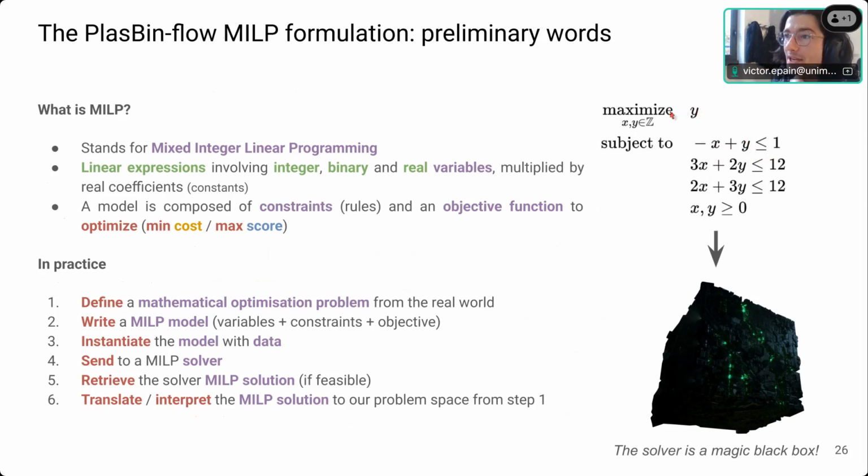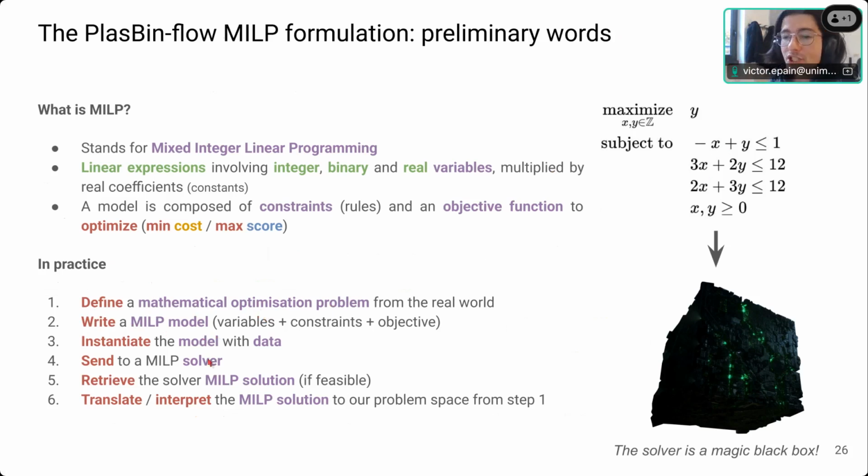You want to maximize, for example, a score, or you want to minimize a cost. In practice, you define your mathematical optimization problem from the real world, and then you hope you can write linear constraints to represent it. So you write a mixed integer linear programming model: you write the variables, you define the rules, and you define the goal.